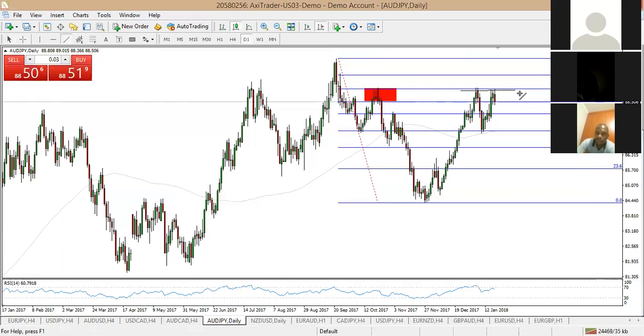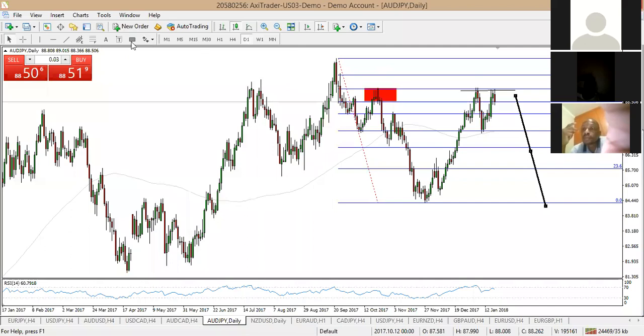So our signal was given from here. Let me just fix this. So we have a sell trade from here on OGPY, based on this information, looking at the optimal trade and the sweet spot level.